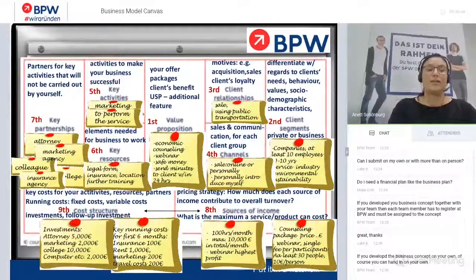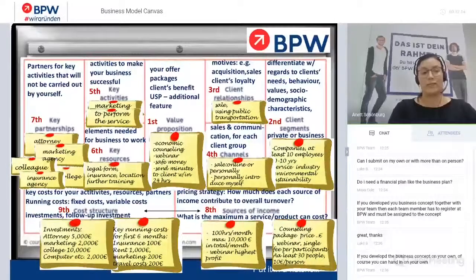Again, in your external strategy on the right-hand side, you make money by selling your value proposition that you provide to the different client groups. Communication and distribution channels, as well as the different client relationships and your internal strategy, your organization and structure, usually cause expenditures.